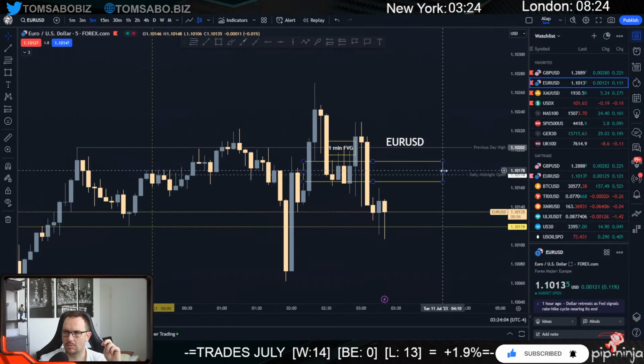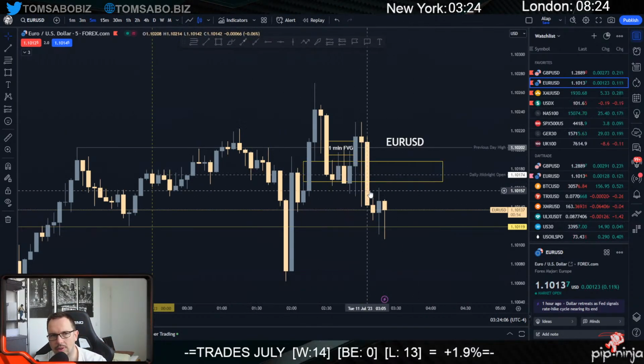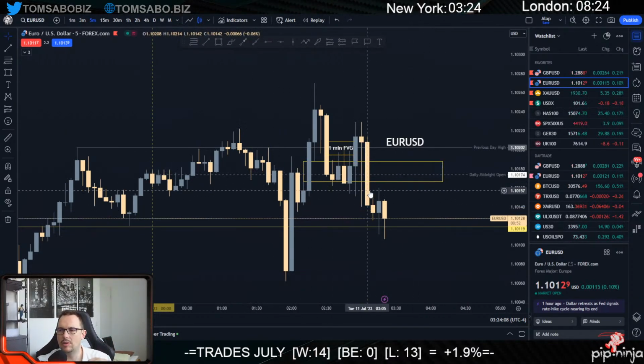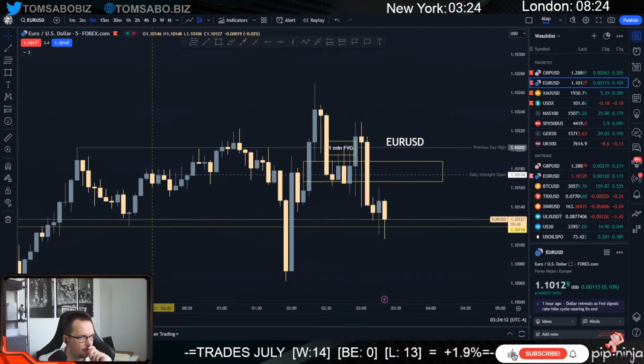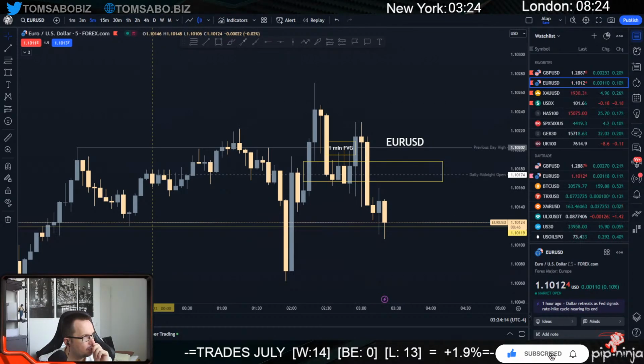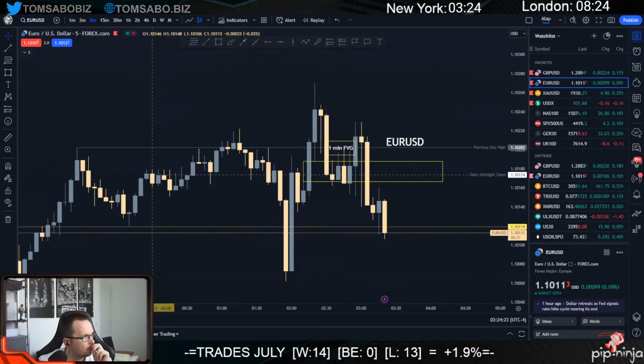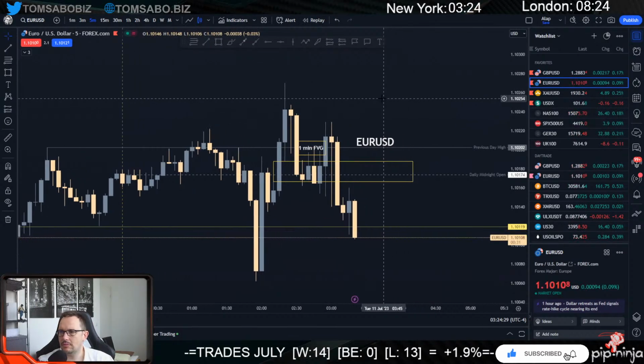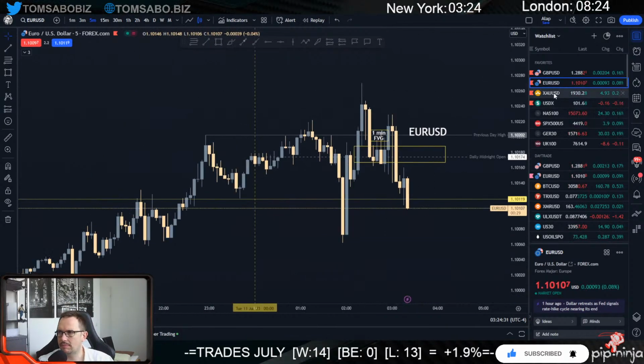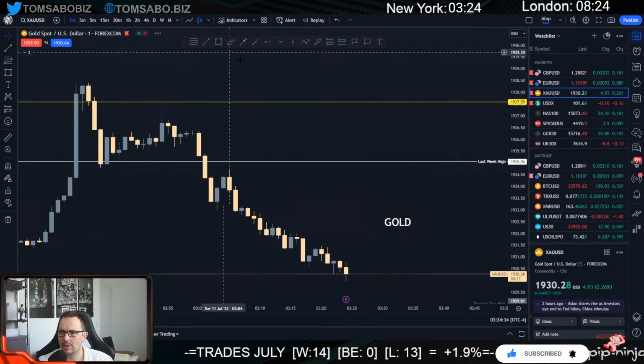So this could be acting as resistance, this fair value gap, which is a good sign. We'll see, I guess. Let's look at gold.